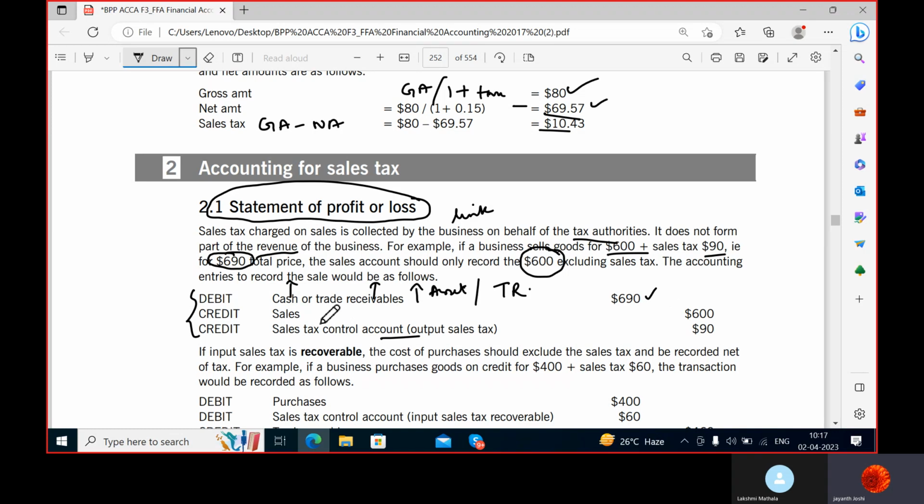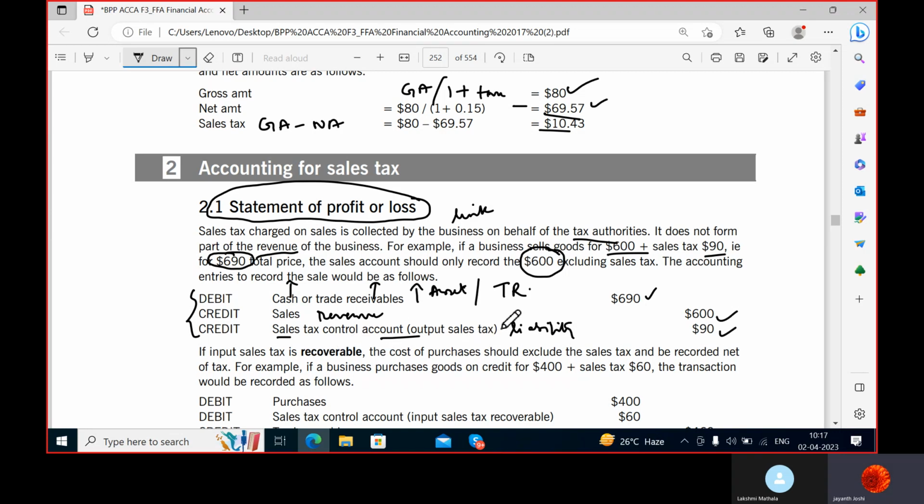But among this, our revenue is how much? Our revenue is only $600, because this $90 is to be paid to tax authorities. So that will be shown separately as sales tax control account. It is a liability for us, which is to be paid to the tax authorities.